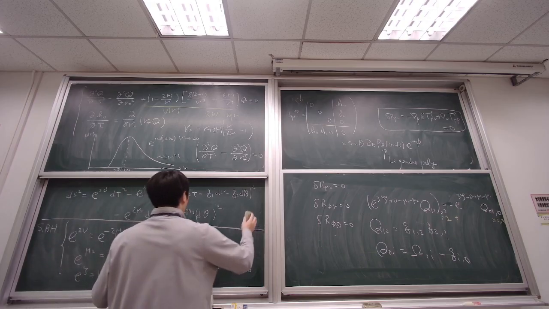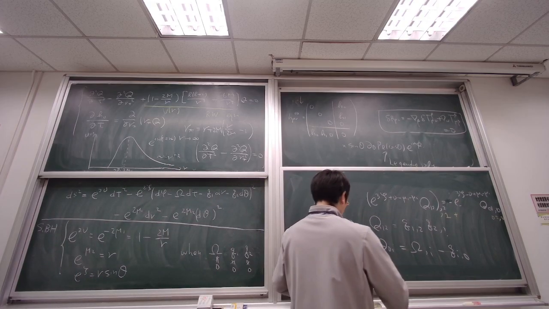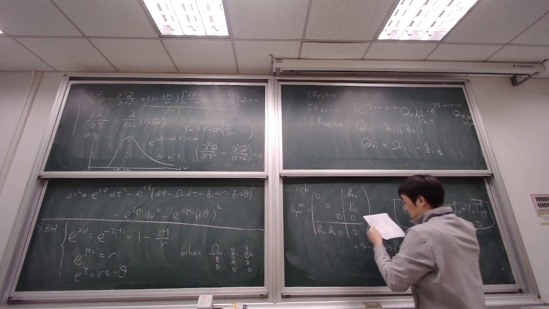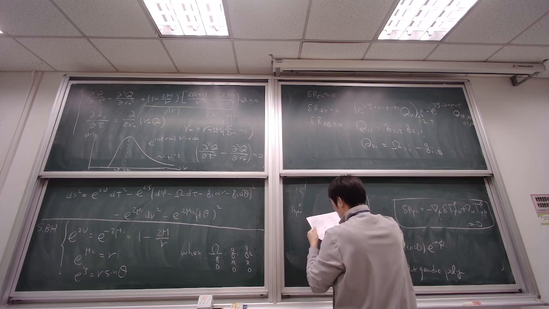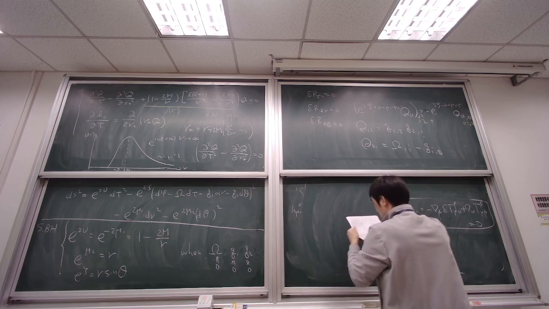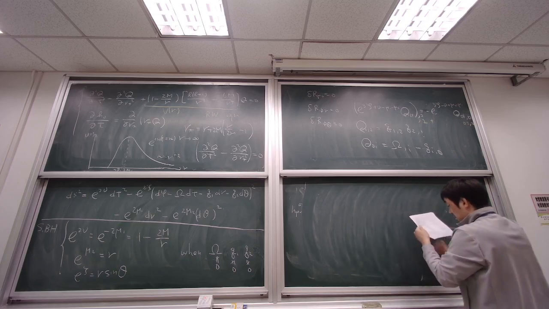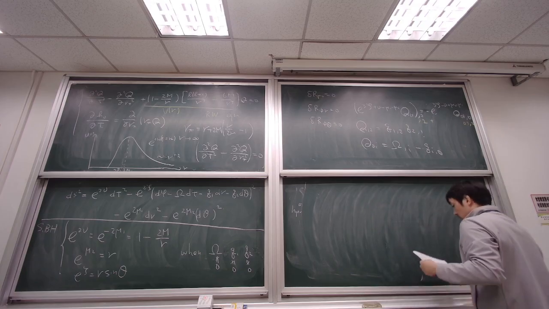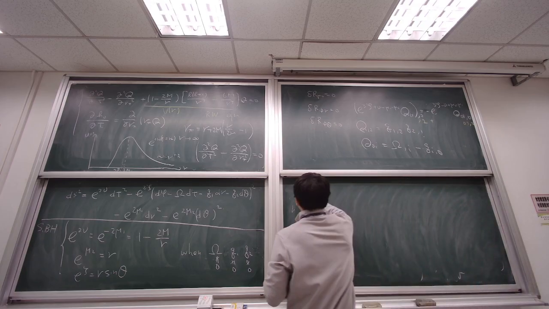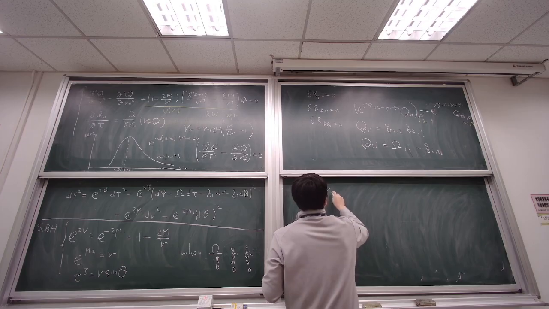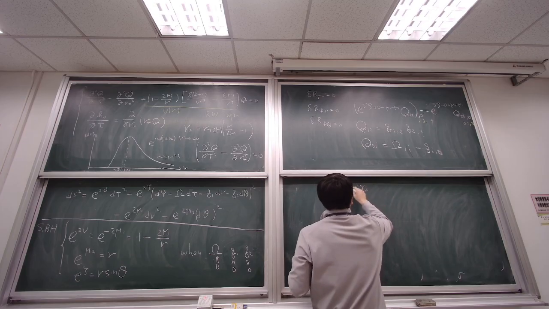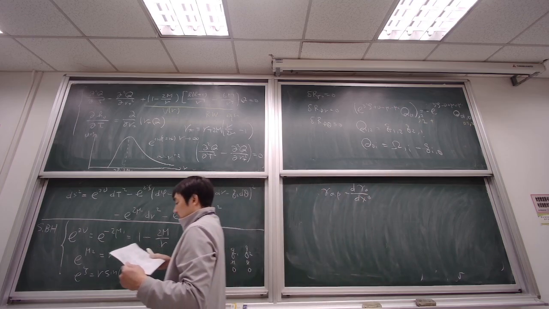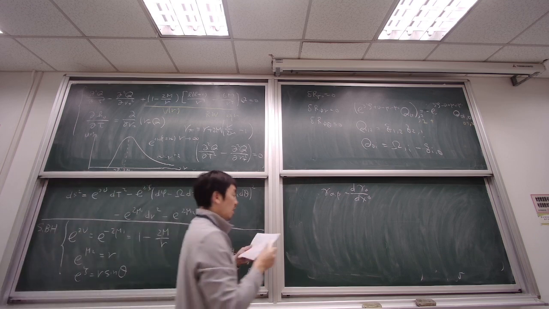So now we just need to solve the equation for this. The notation I use is that Γ_{α,β} means the derivative of Γ_α with respect to x^β.